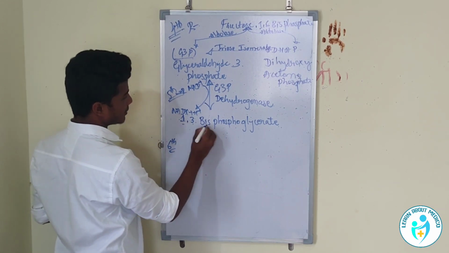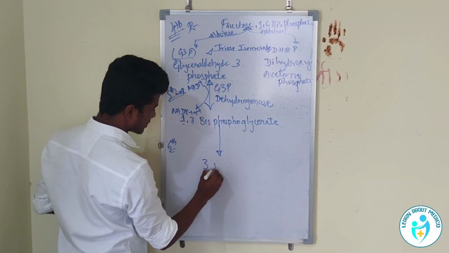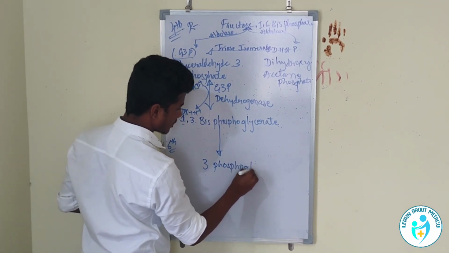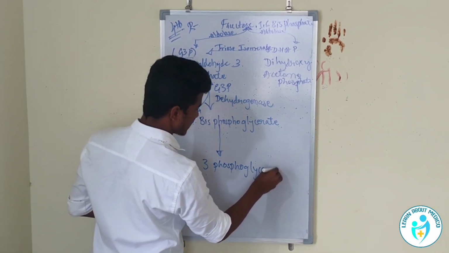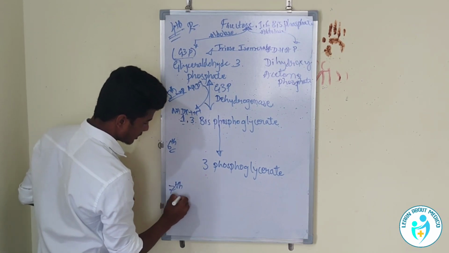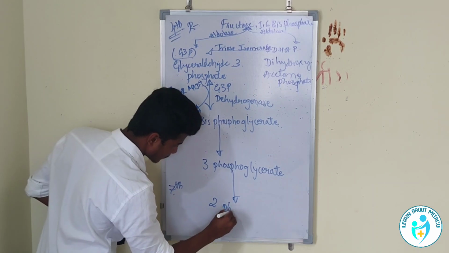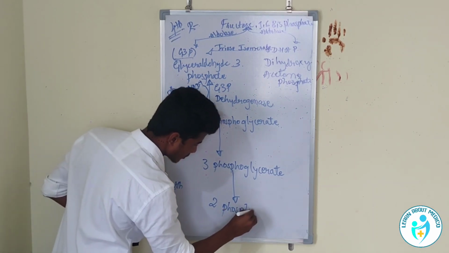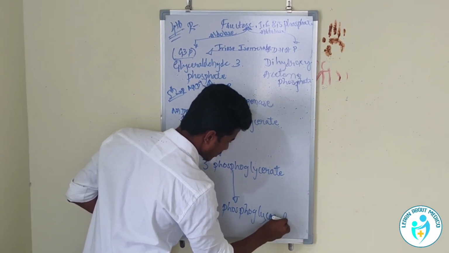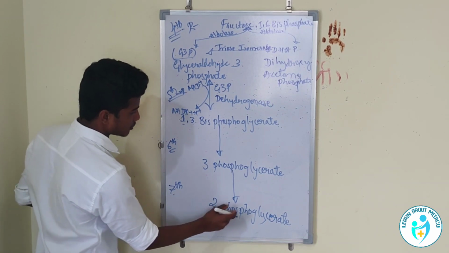This 1,3-bisphosphoglycerate is converted into 3-phosphoglycerate. And in the seventh step, this 3-phosphoglycerate is converted into 2-phosphoglycerate.